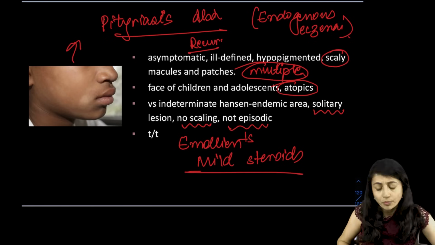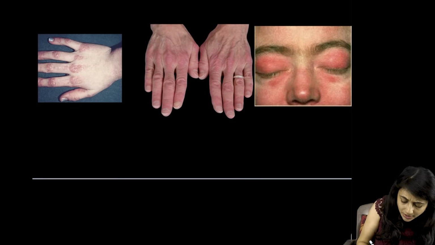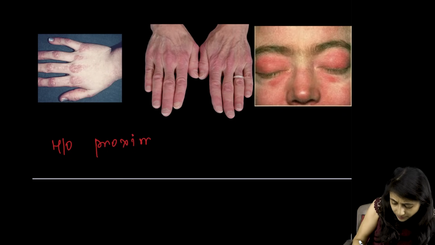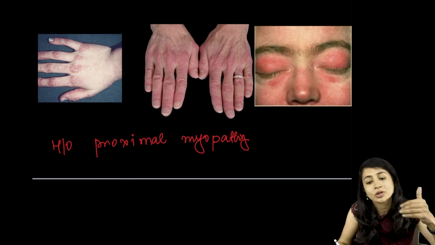Moving on, another important question that you get is a child or an adult presents with some history of proximal myopathy, which may be given in the form of unable to raise your hands, unable to climb the stairs.